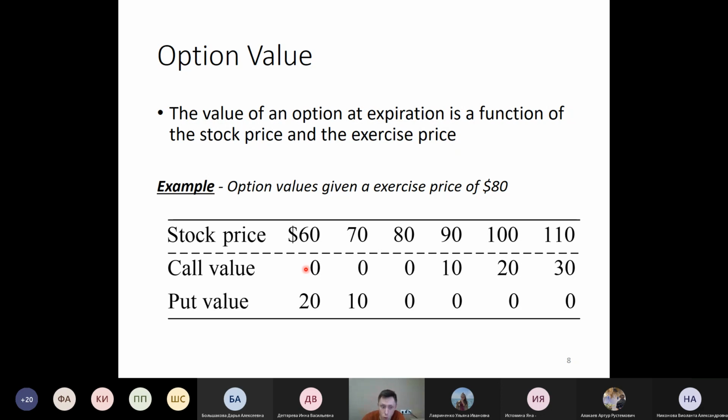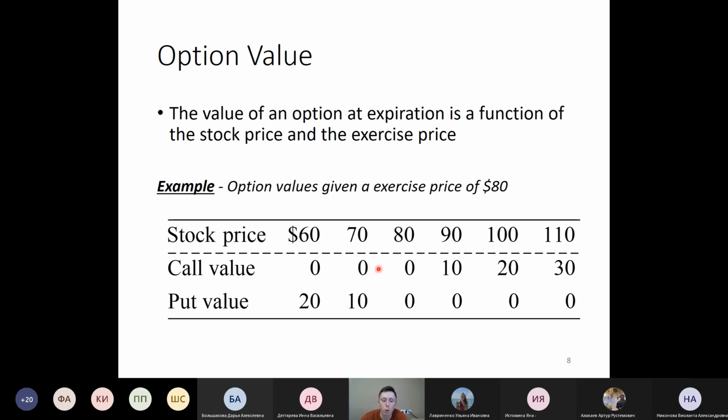Again, this call option gives us the right to buy asset for $80. If the market price is $100, $110, this option is in the money. This option has a value. It makes sense for us to buy it at 80, to buy it with a discount. If the current market price is 70, it makes no sense to exercise the option. An option gives us the right, not obligation.